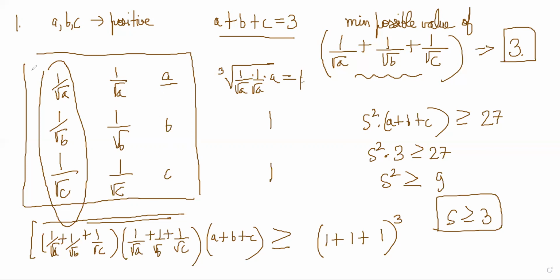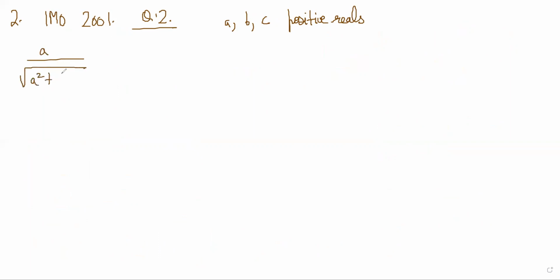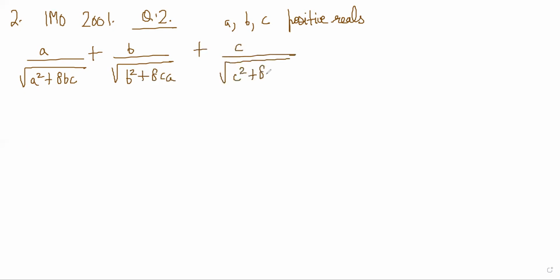So let's look at an IMO problem. This is IMO 2001 question number 2. It says if A, B, C are positive reals, we have to prove that A by root over A square plus 8BC, plus B by root over B square plus 8CA, plus C by root over C square plus 8AB is greater than or equal to 1.